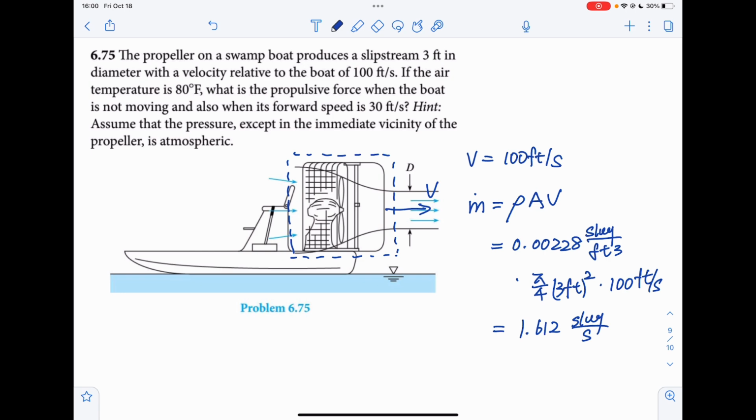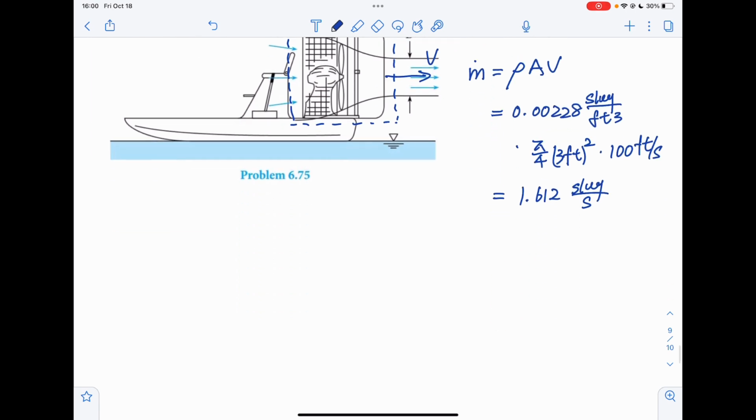Okay, so now we can use the momentum equation in the x direction.